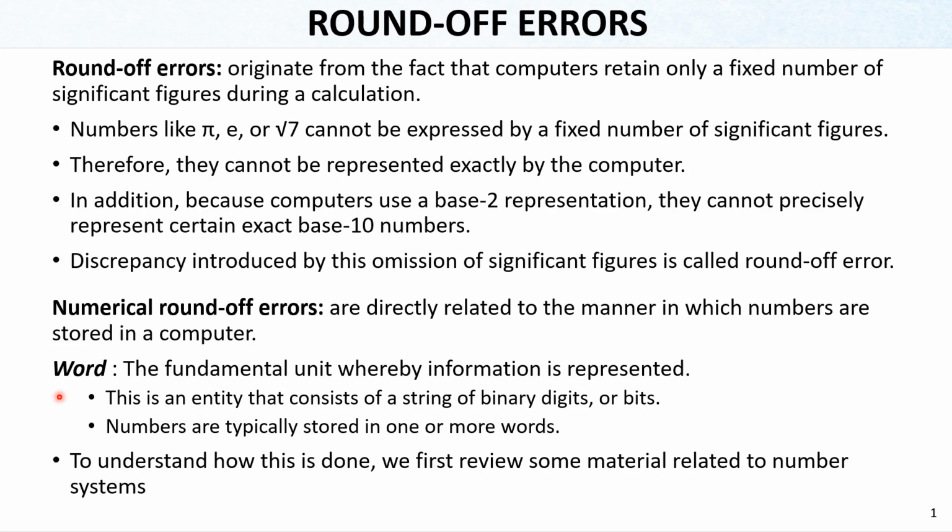The numbers are stored in one or more of these words. To understand how this is done, let's first review some material related to number systems, specifically the base and digits or bits. Let's define them in the following slides.